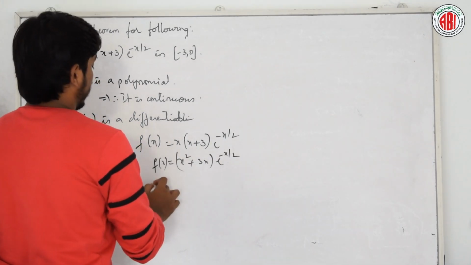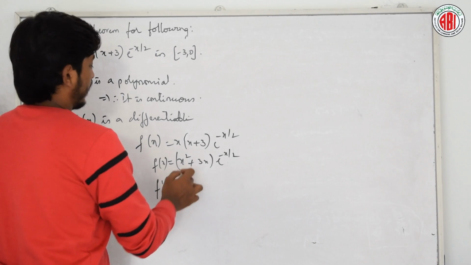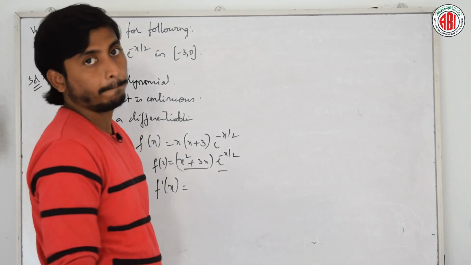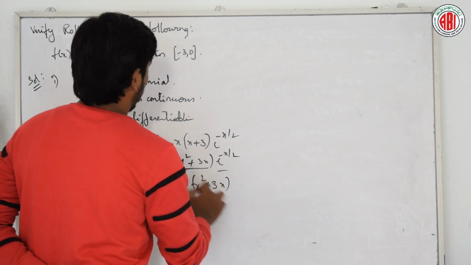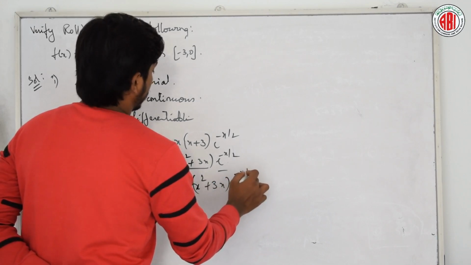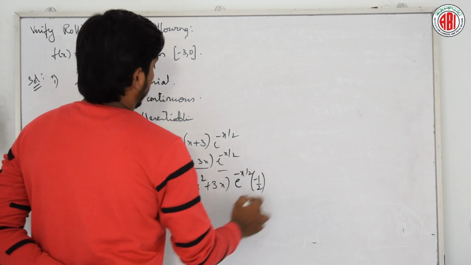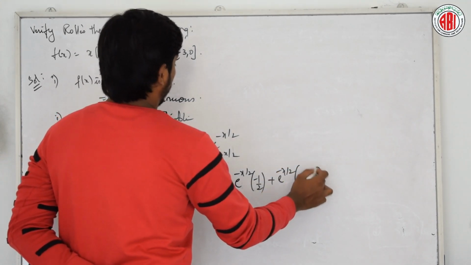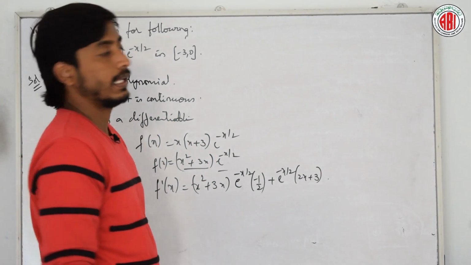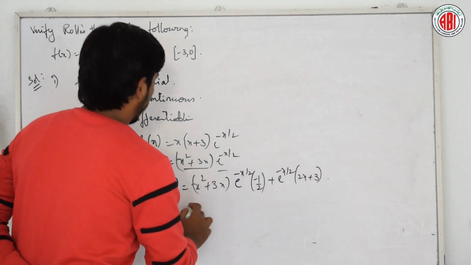This is f of x. Let us find f dash of x. This is u, this is v. That is u v dash plus v into u dash. Clear? Let us take this e power minus x by 2 common.